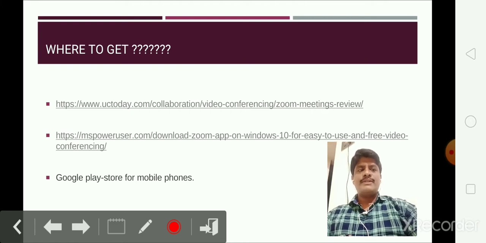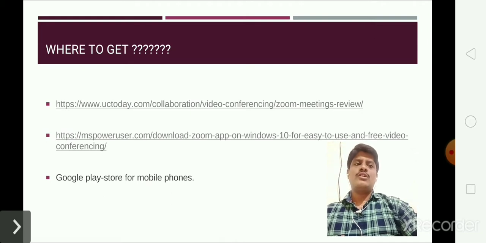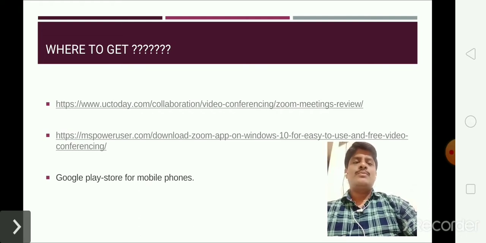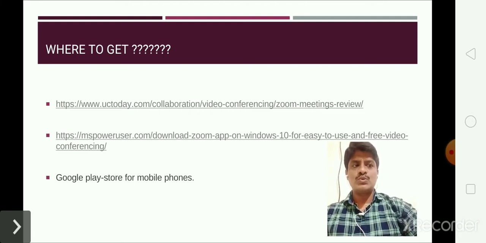If you are using mobile phones, you can download the Zoom app from the Play Store of your mobile, or other handsets, as each handset has its own Play Store. Let us see how to download the Zoom app and explore the features available in it.